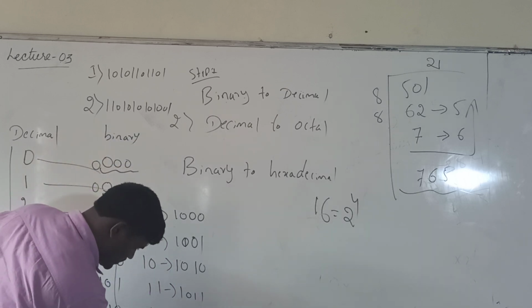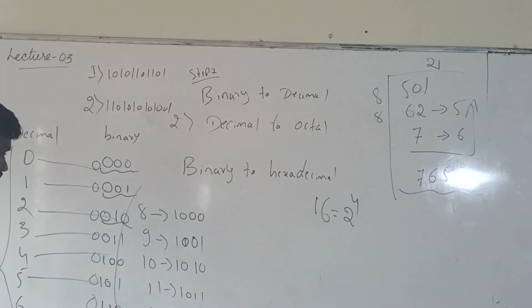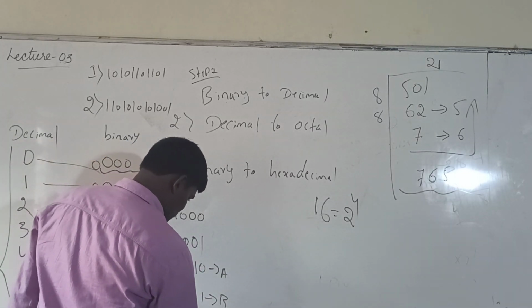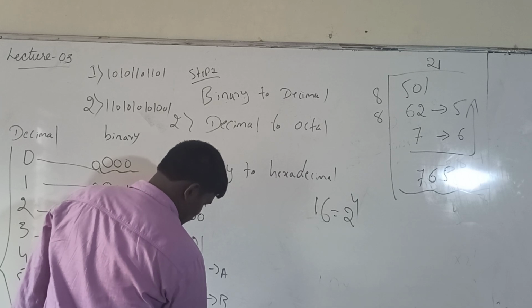Finally 15 is 1 1 1 1. But 10 to 15 can be represented as A, B, C, D, E and F.